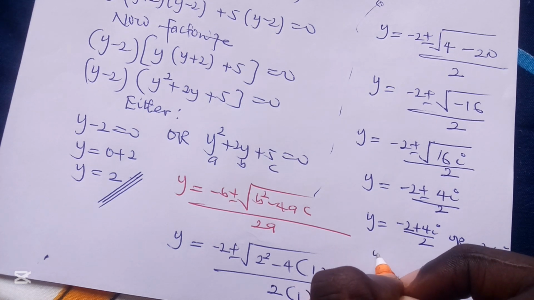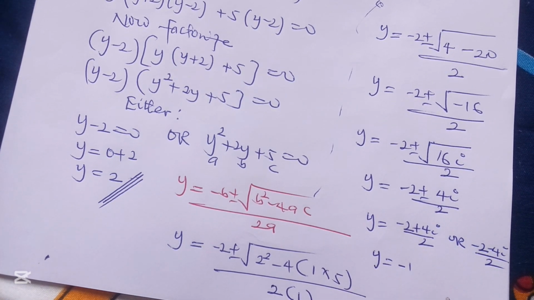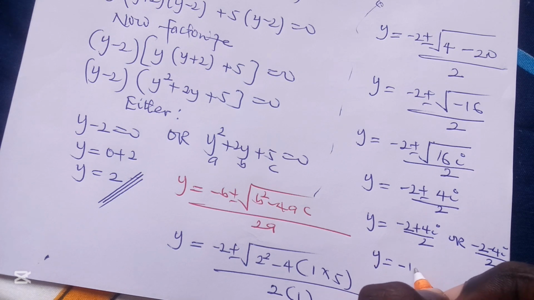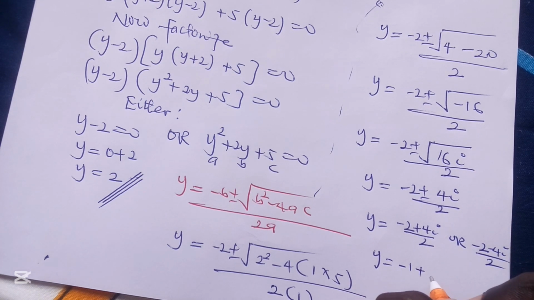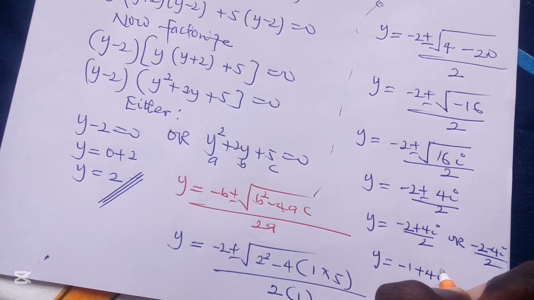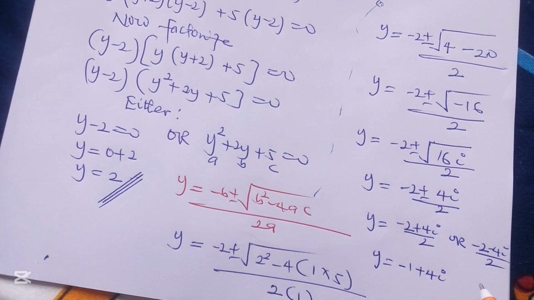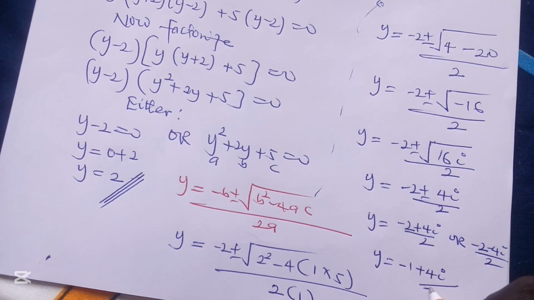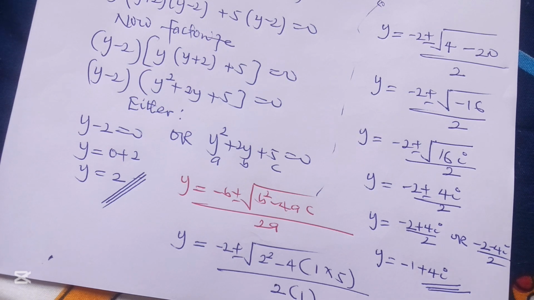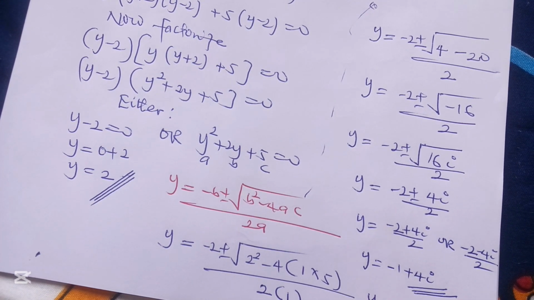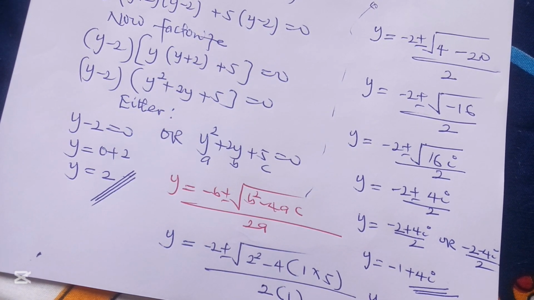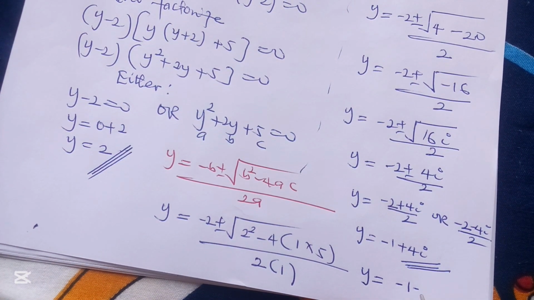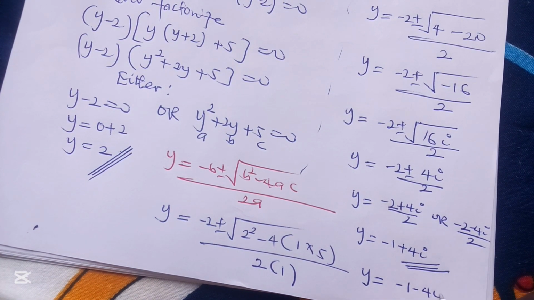Therefore if we divide this and this, y becomes minus 1 plus 4i. So this is the other value of y, or y can also be minus 1 minus 4i.